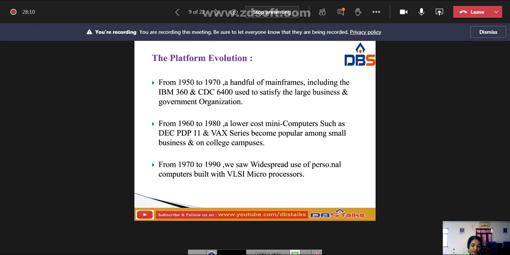Successive generations are overlapped in about 10 years. In the platform evolution, we are going to discuss how many years the technology has developed, and for how many years the technology has been growing.